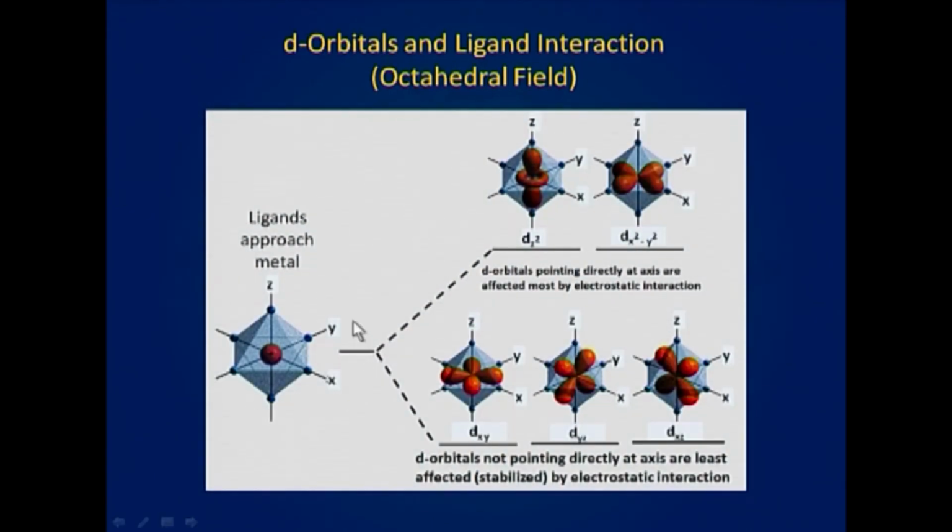Here, the ligands approaching the metal ion in a spherical field and all the 5 d orbitals will be degenerate. But the energy of the 2 orbitals of Eg set will be increased, that is, the energy of dz square and dx square minus y square orbitals will be increased and the energy of dxy, dyz and dxz orbitals which come into the group T2g will be decreased.